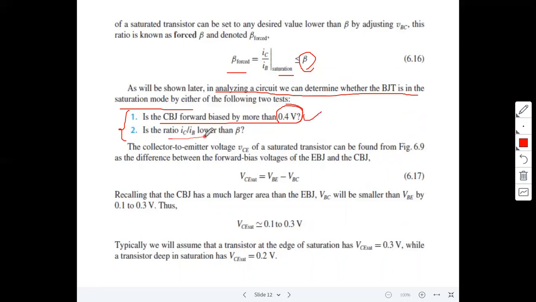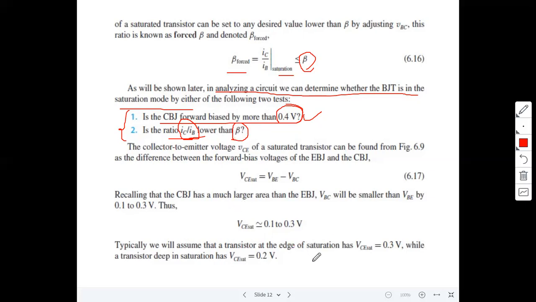The second one is IC by IB. Record the IC current, IB current, and if this ratio IC by IB is less than the beta value, then we can say that transistor is in saturation region.